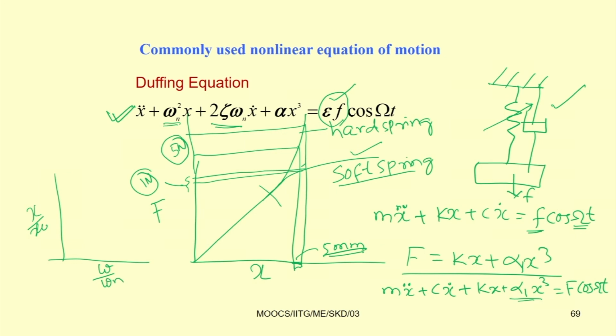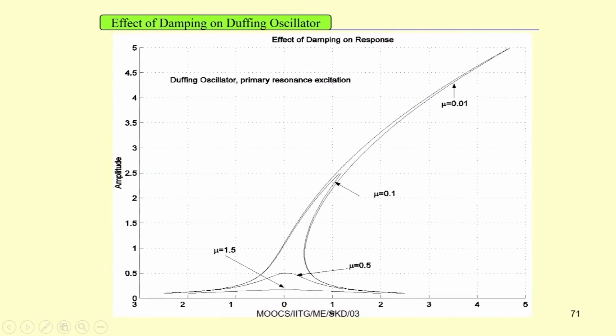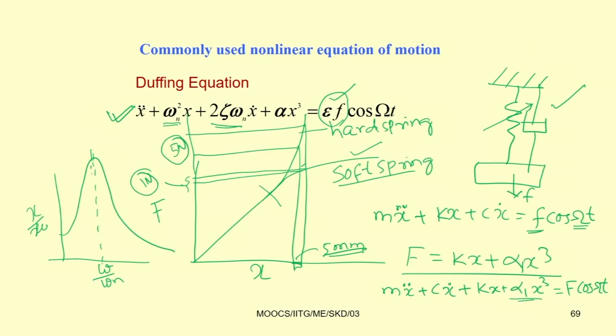This plot you have already seen. When omega by omega n is nearly equal to 1, you have seen the response is almost maximum, and for an undamped system, when there is no damping, this response goes to infinity. This is the thing already you have studied.